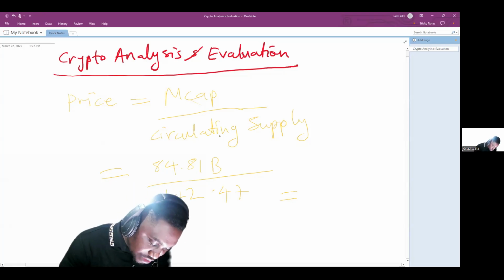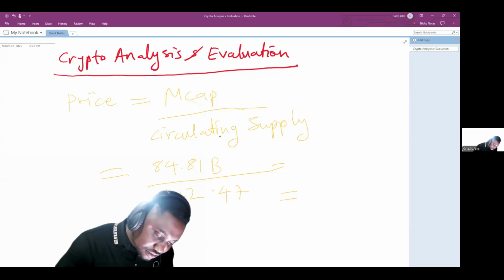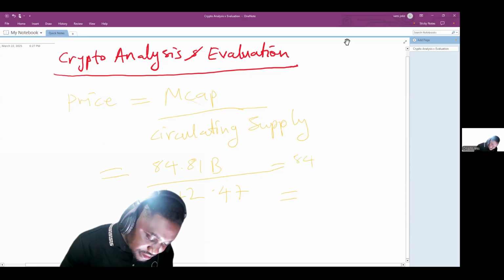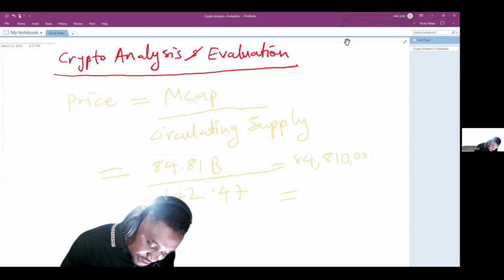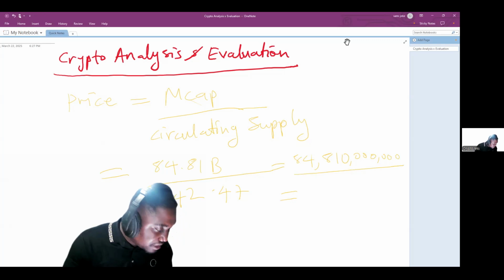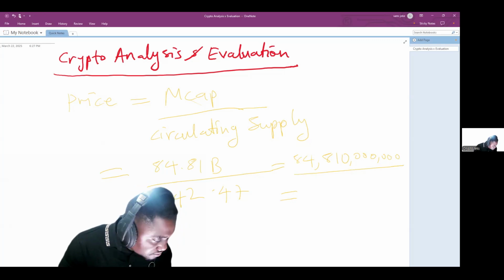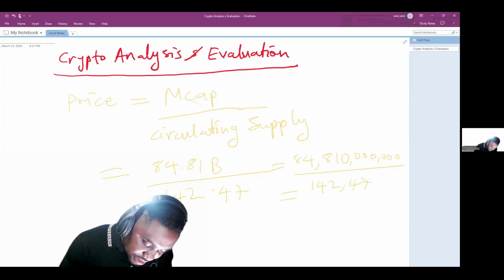I'm going to write these values down so you can understand. This can be written as 84 billion 810, then 0 into 6, divided by 142 million 471,403.